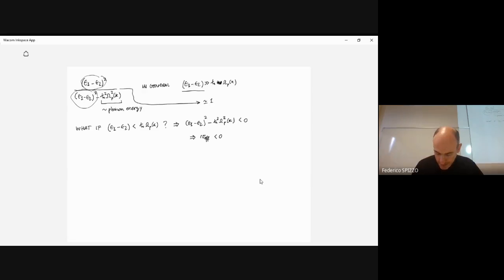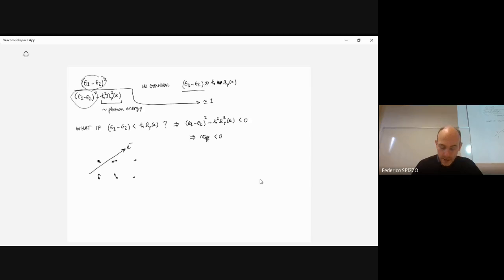The explanation is the following. If you have the lattice, so if this is the ionic lattice, and you have one electron traveling through the lattice, then you have a negative charge close to the ions. So the ions are attracted by the negative charge.